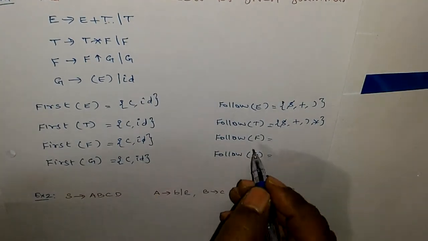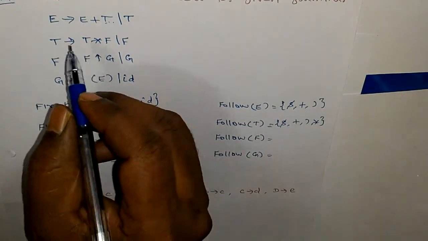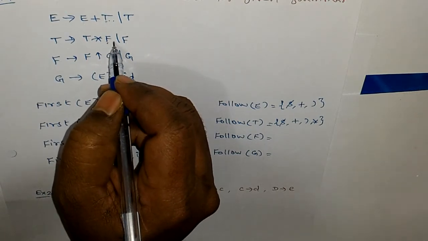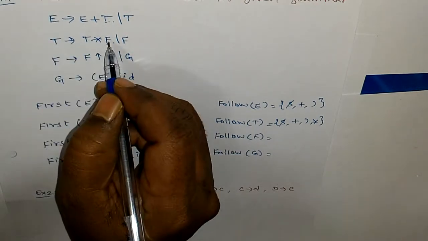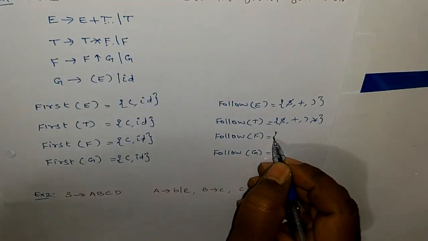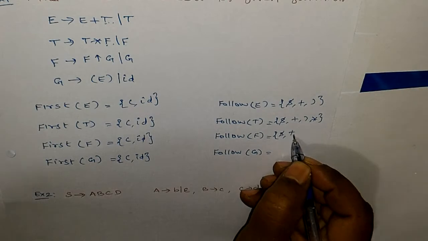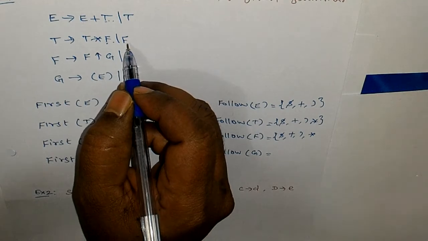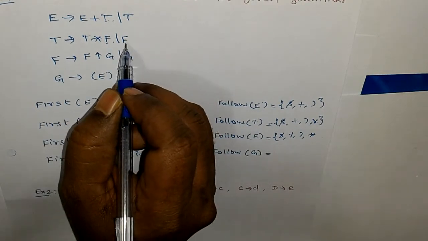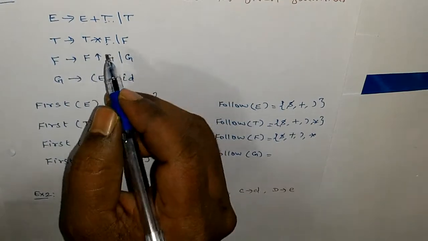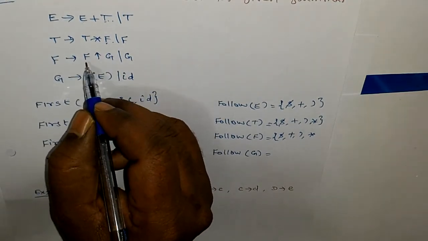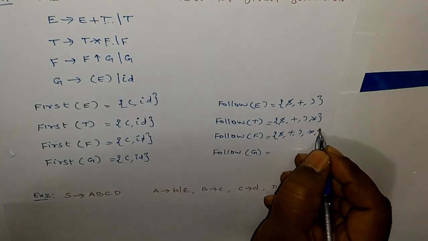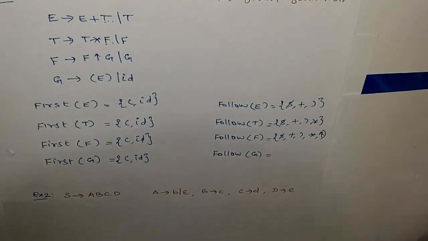Now follow of F. Wherever F appears in the right hand side, F appears here, and after F nothing is there. As per the second rule, follow of F will be follow of T, so follow of T is dollar, plus, close parenthesis, star. In this production again follow of T, so no need of duplication. Then in this production F is appearing here, so follow of F is the exponent operator.